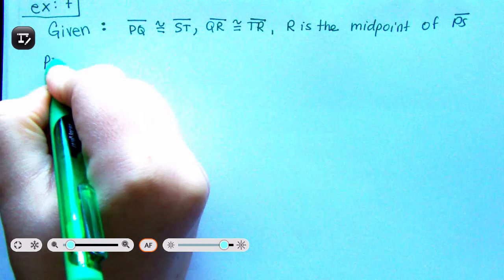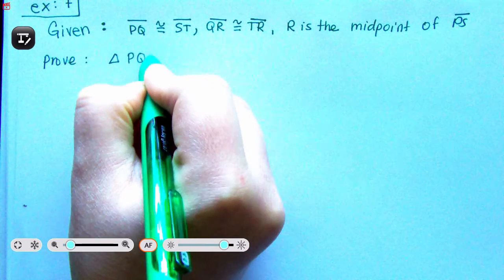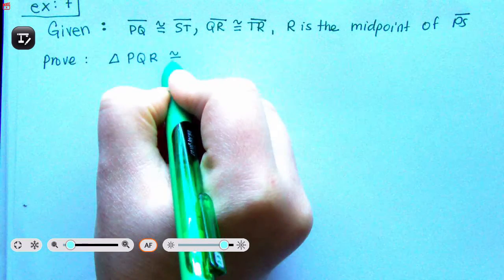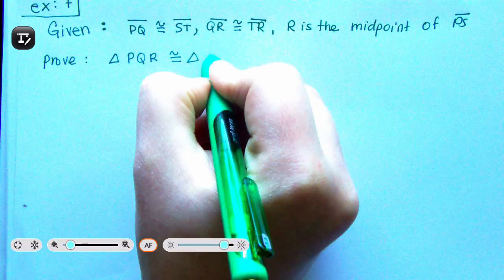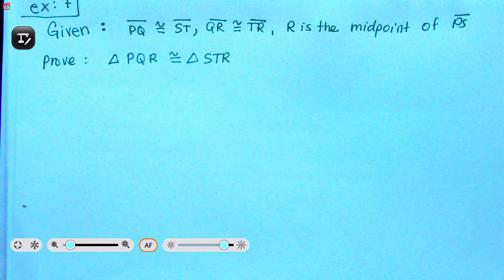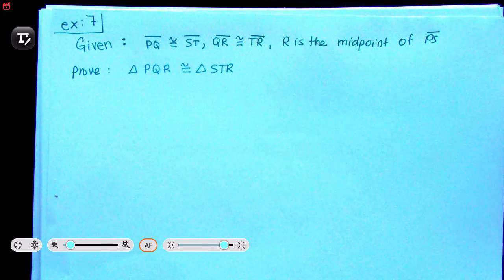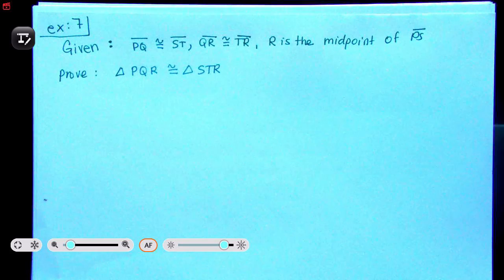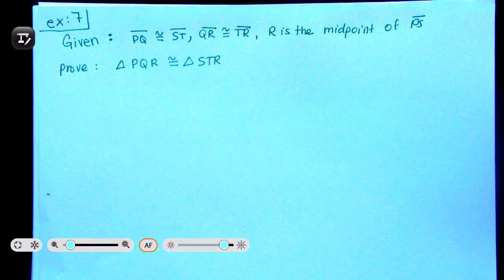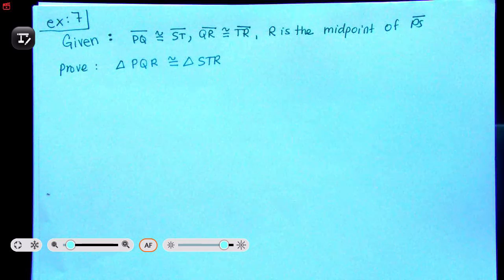Prove triangle PQR congruent to triangle STR. All right, let's talk about how this works. Step number 1, I'm not going to list this out, but listen to what I'm saying.